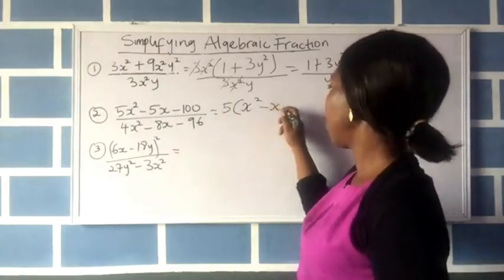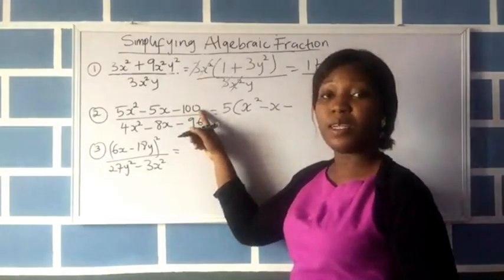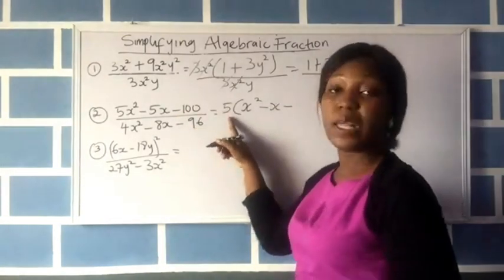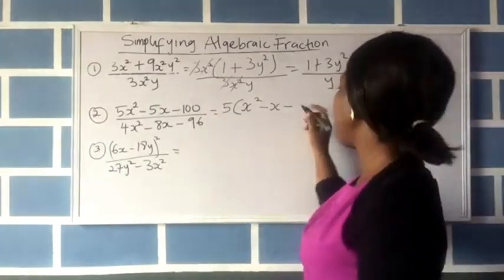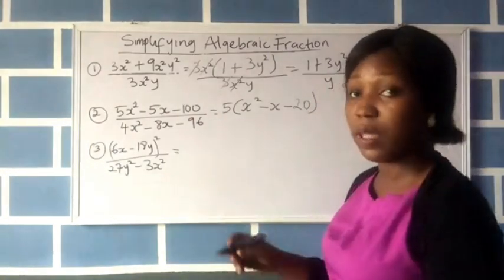Then I write the sign, which is minus. 100 divided by 5 gives me 20. So I write down 20 and close the bracket.